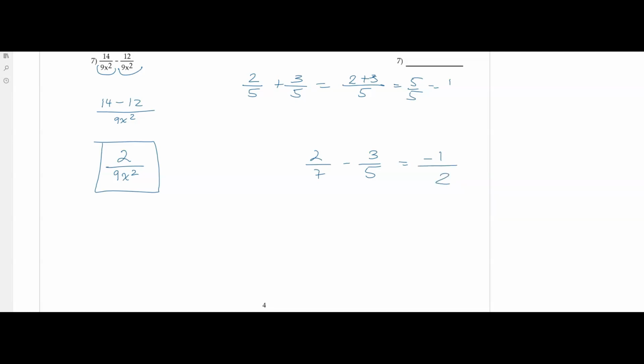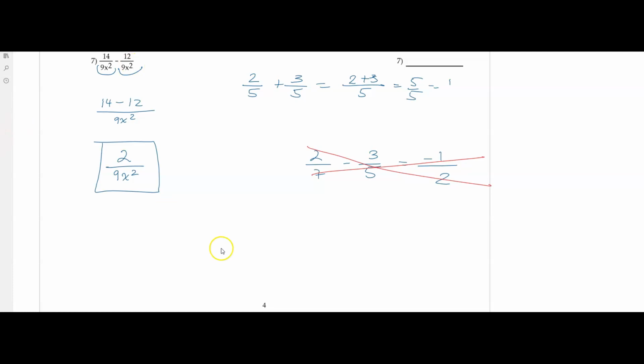That's a no. Understood? No. If you have different denominators, then you have to find a common denominator and proceed with that common denominator. But we do not have that in that case.